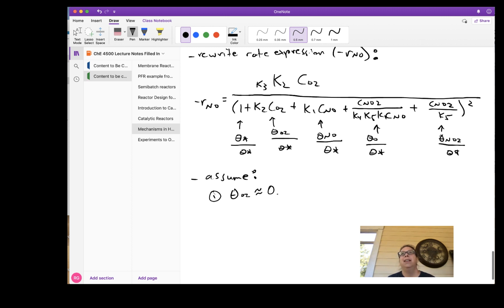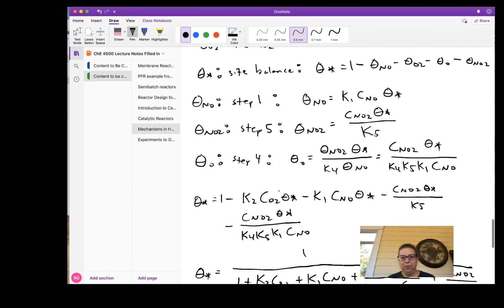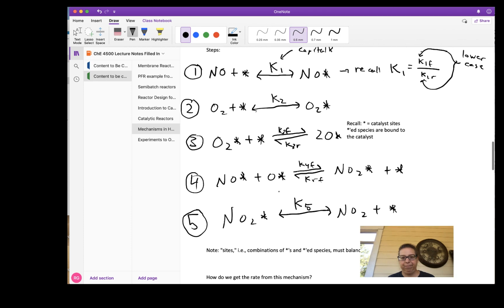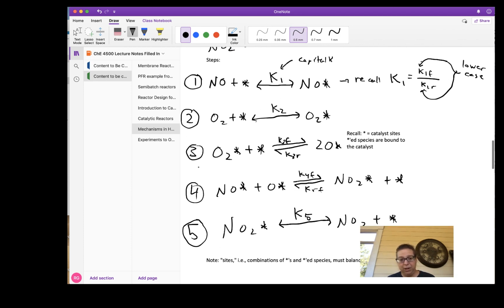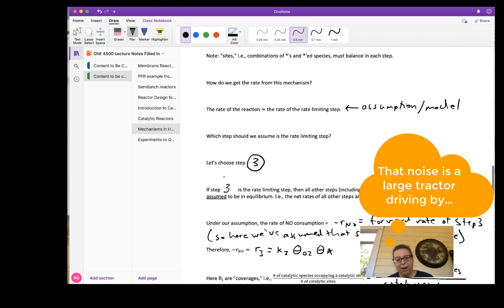When I say that, that tends to cause a small problem, because we've said that for my rate of reaction to occur, this is a rate limiting step, and we need this rate to be happening, otherwise the reaction isn't happening. If the coverage of O2 is truly equal to 0, that means the whole rate of reaction would be equal to 0 because there would be no O2. But I'm not saying that the coverage is identically equal to 0, I'm saying it's approximately equal to 0.